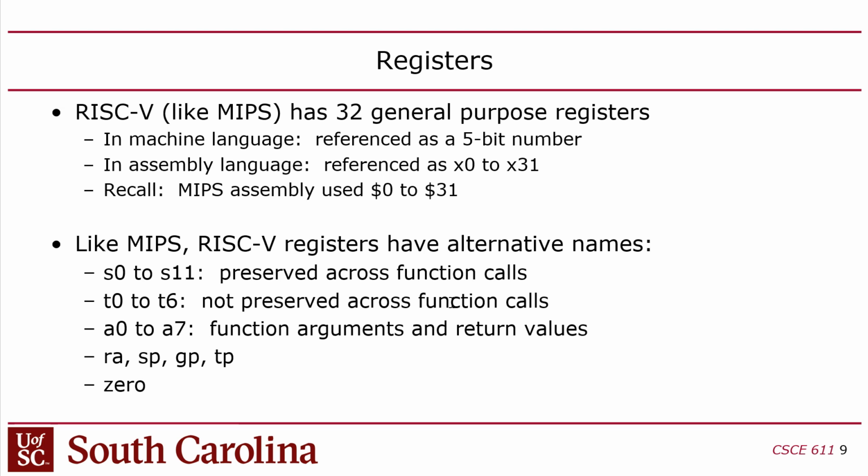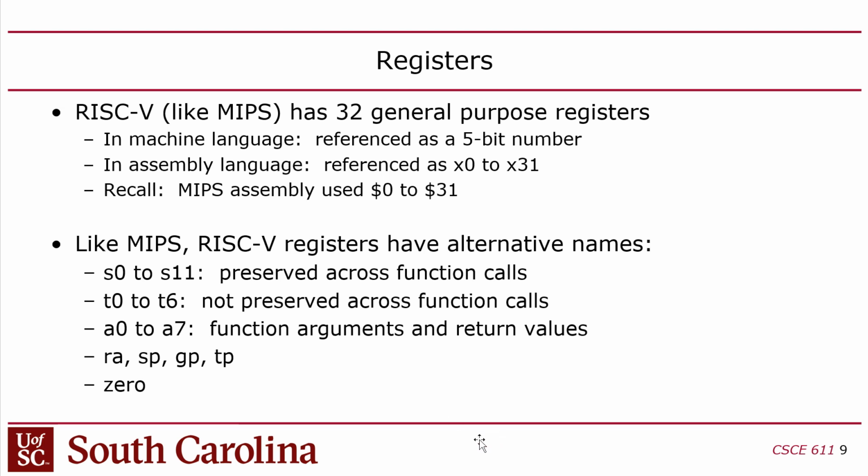So basically, if you call a function, you can expect that your S0 to S11 will not be destroyed by the function you're calling. And then as a function writer, you are expected to save those registers at the beginning of your function and then to restore them at the end.